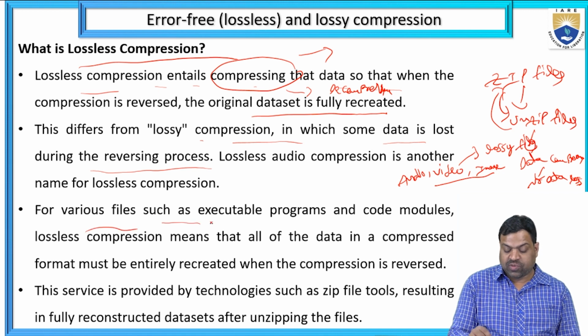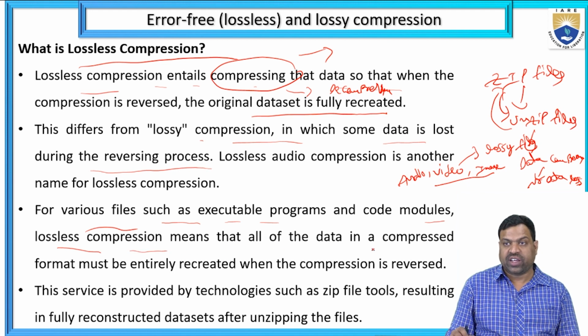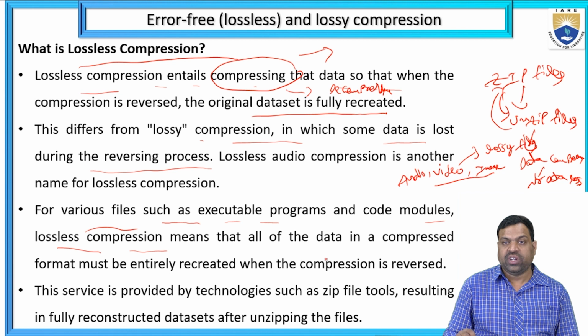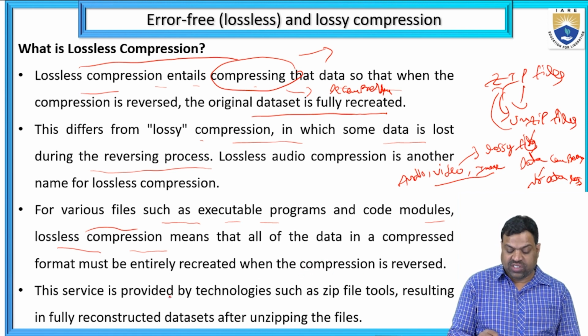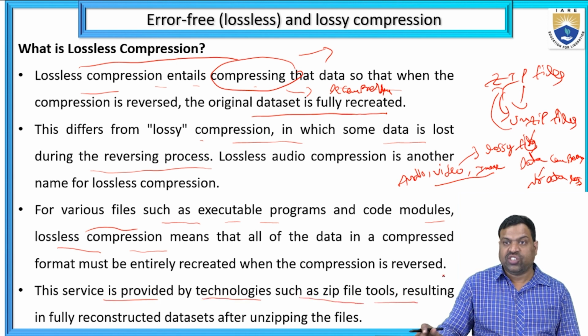But various files such as executable programs and code modules use lossless compression, meaning all of the data in a compressed format must be entirely recreated when the compression is reversed. This service is provided by technologies such as zip file tools, resulting in fully reconstructed datasets after unzipping the files.